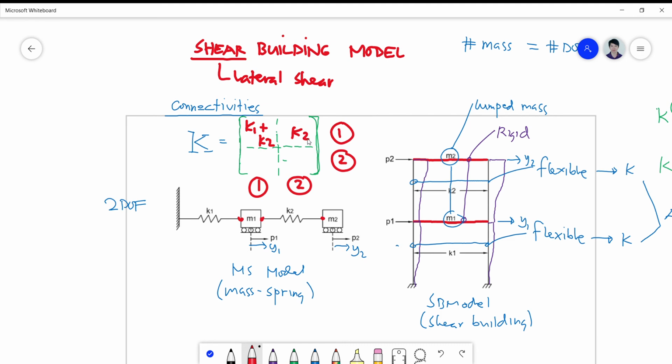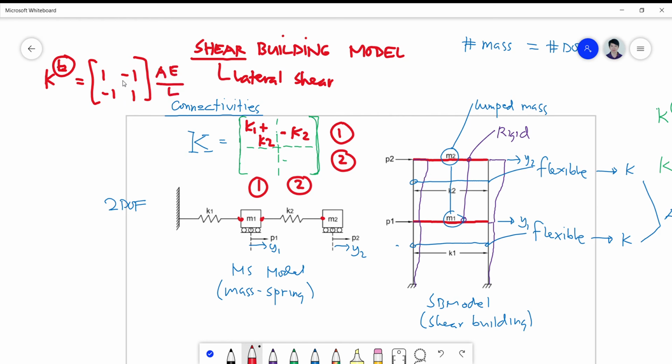And don't forget the negative sign there, because if you will derive the stiffness of a bar element, you will notice that for a bar element, it's a simple 1, negative 1, negative 1, 1, AE over L. Okay, but this is for bar element, no?